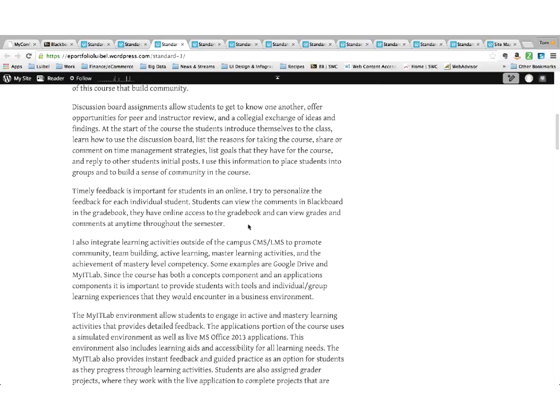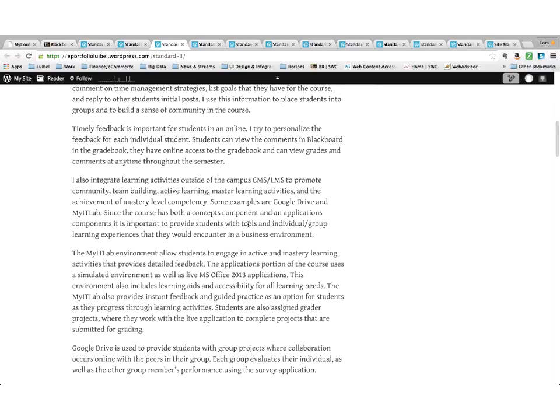And I want them to list why they're taking the course, a little bit about themselves, what time management strategies they're going to use, list the goals they have for the course, and reply to each other's initial posts. And then I use this information to place students into groups and to build a sense of community. I also believe that timely feedback is very important for online students.